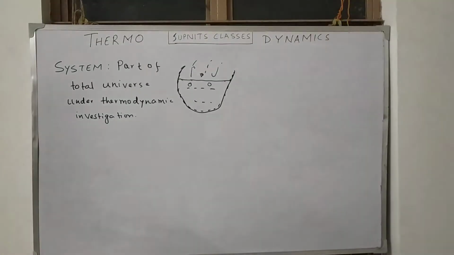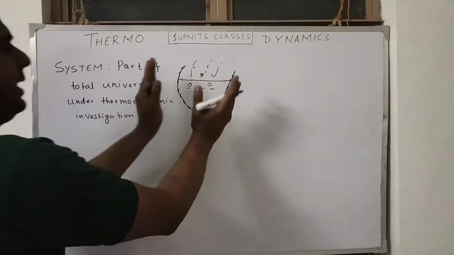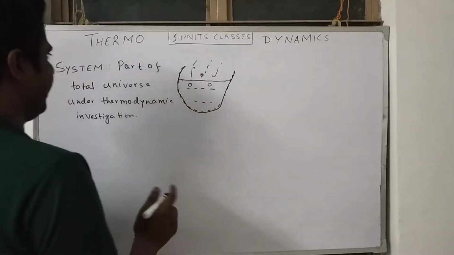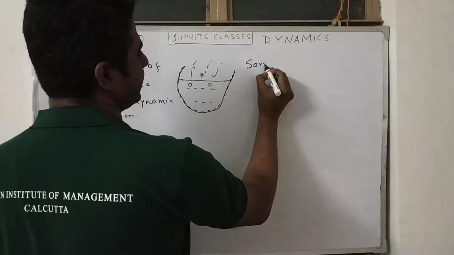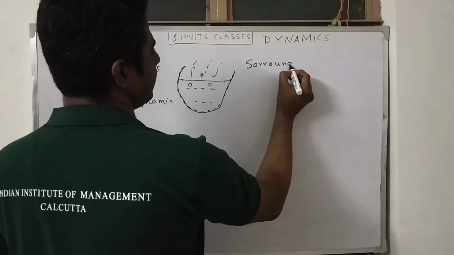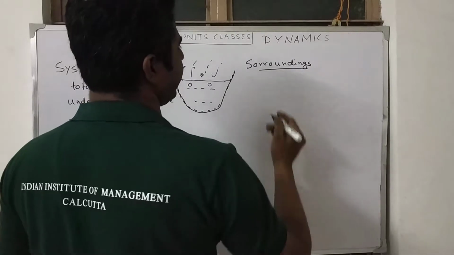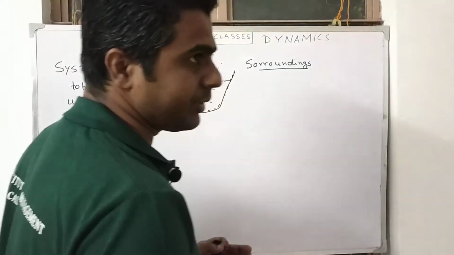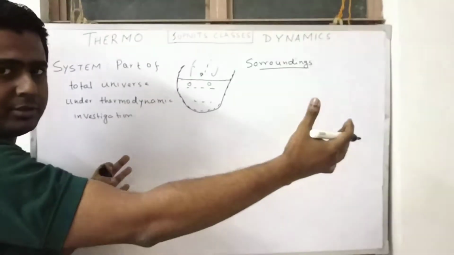Now the remaining part of the universe around the system, all other parts except the system with which the system is interacting, is called the surroundings.